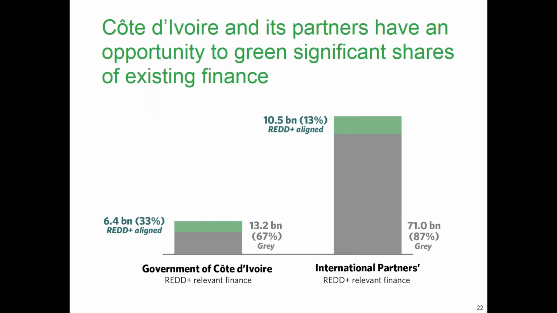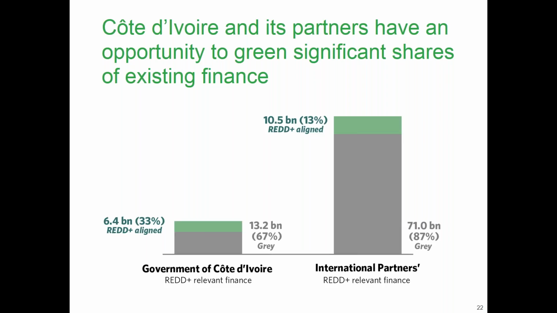Secondly, here you can see the difference in spending between the government of Cote d'Ivoire and international partners. This figure aims to really highlight a major opportunity to green existing finance flows and mainstream sustainable land use in investment plans in relevant sectors, in particular in energy and agriculture.